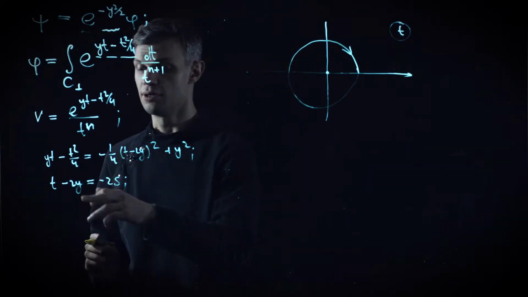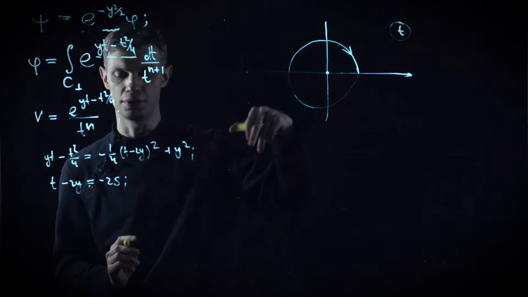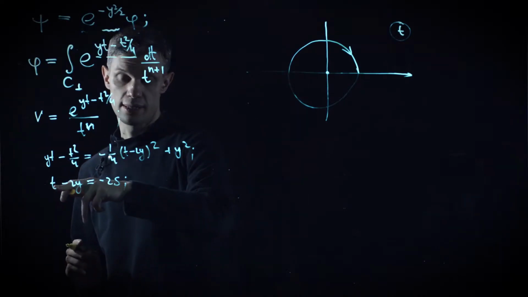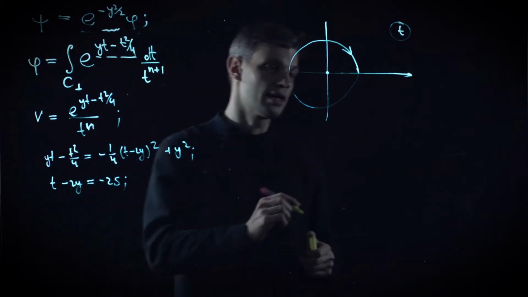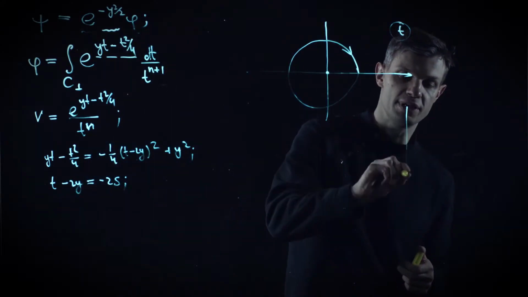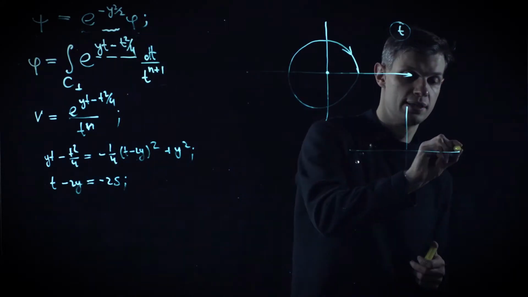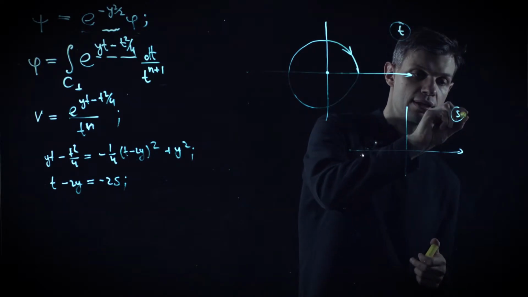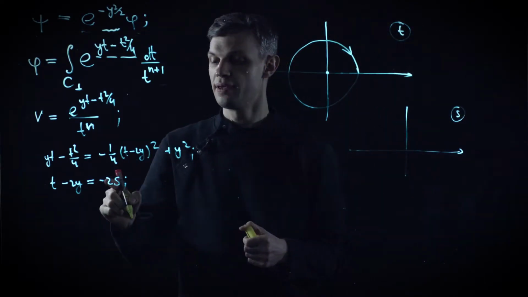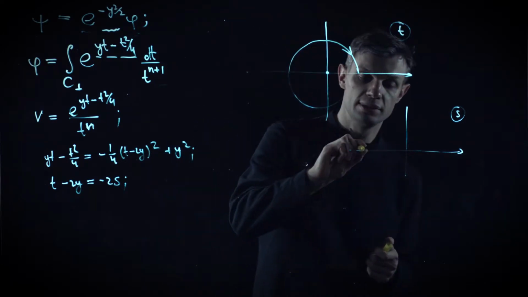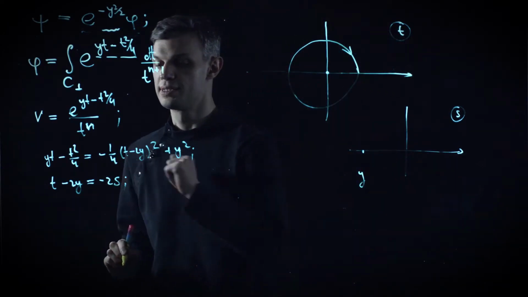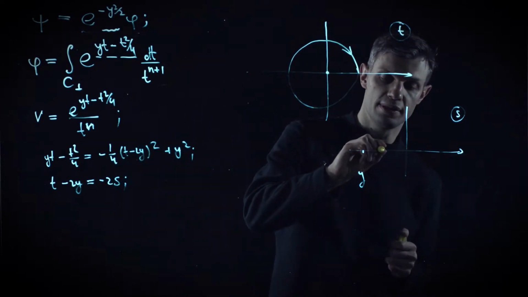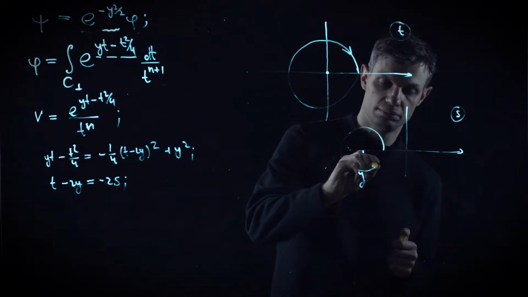The initial contour circles around the origin, but when t equals 0, then the s variable is going to be equal to y. So in our new complex plane of the complex variable s, the contour will be a closed circle around the y point. And since we have this minus sign, it will circle in the clockwise direction.